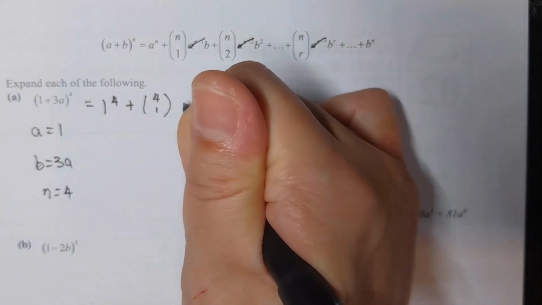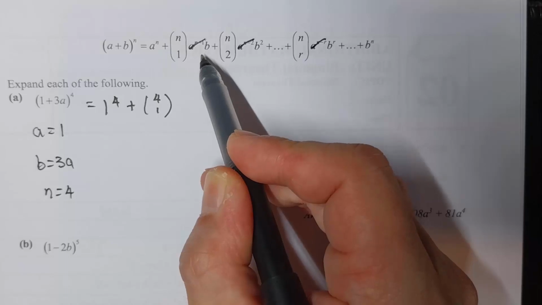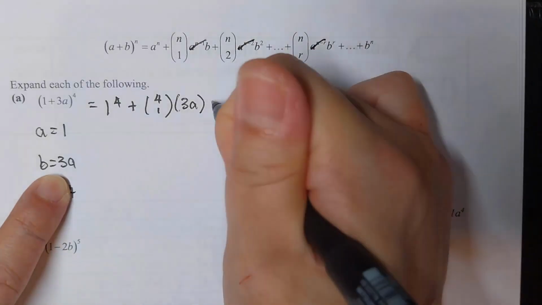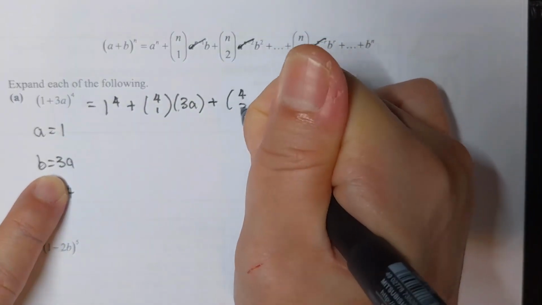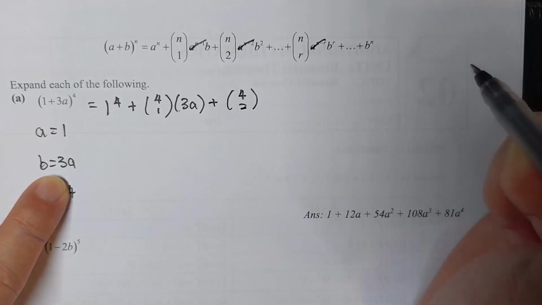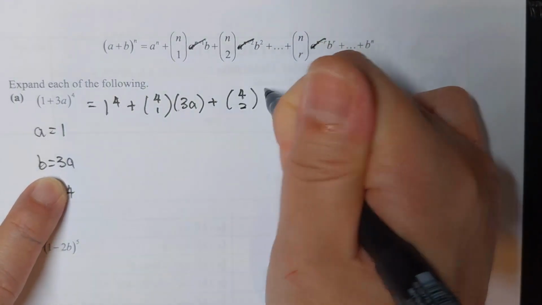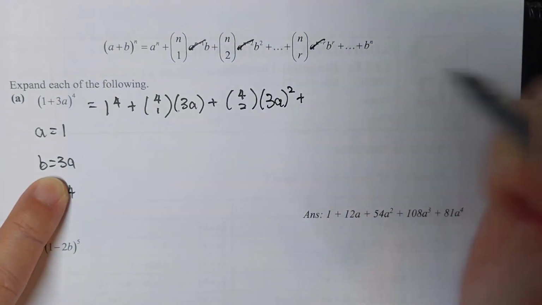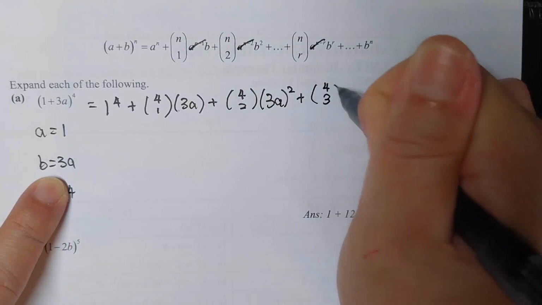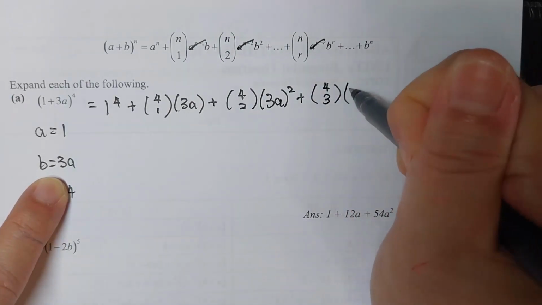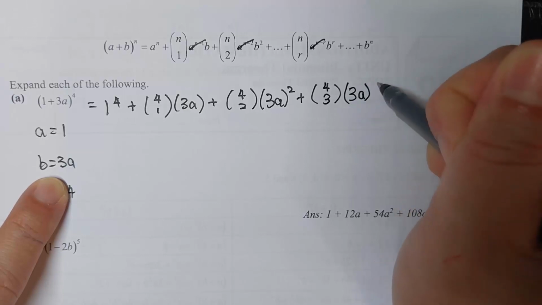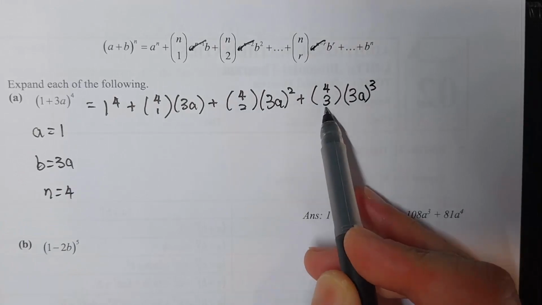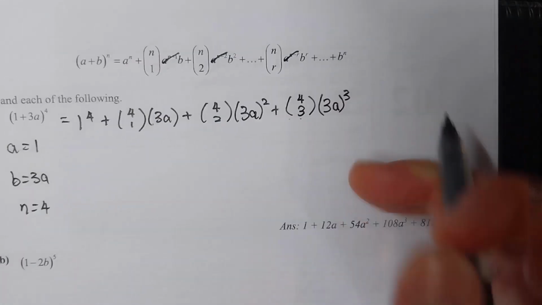Okay, so we will have 4 choose 1 multiplied by the value of b here plus 4 choose 2 multiplied by b square, and we keep going. 4 choose 3 multiplied by b cubed. And yes, you realize that actually the r and the power are the same numbers.